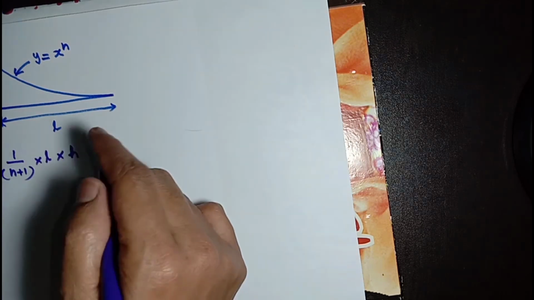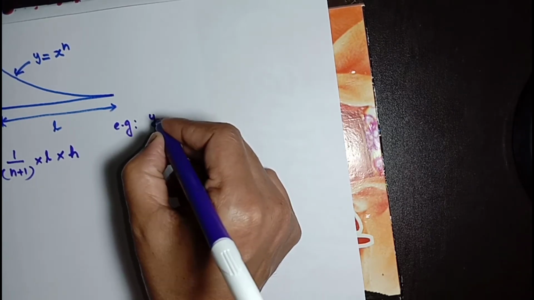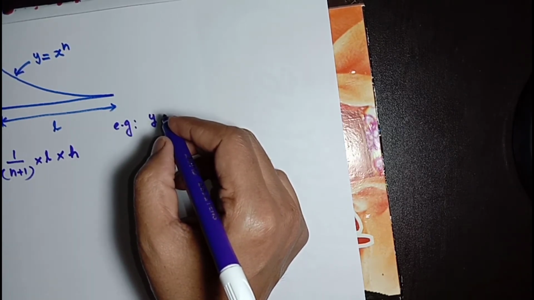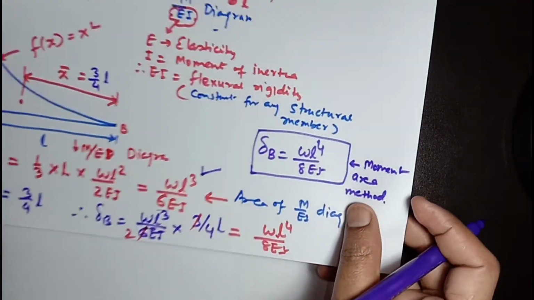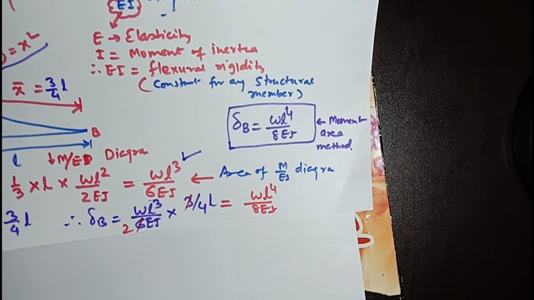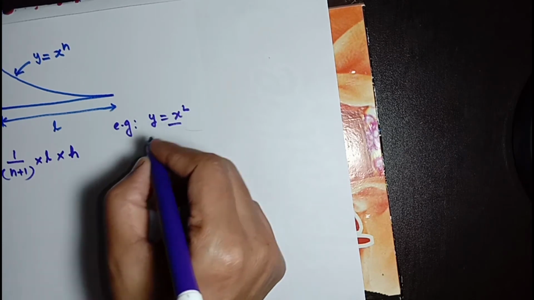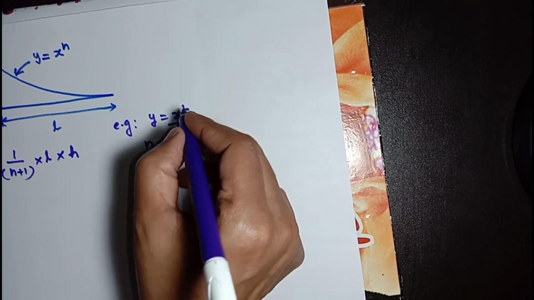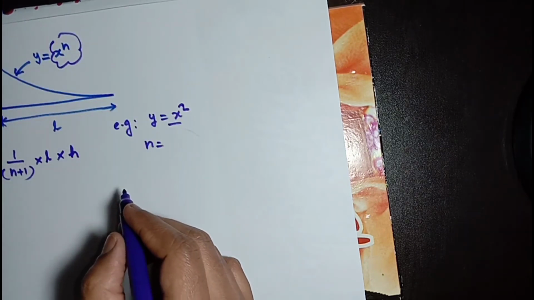Now for example, if y is a function of x square, maybe it's a parabolic x square that we have solved in this example. As we got a parabolic curve as a function of x square in our example, in place of n we can put 2, as this is a general curve x to the power n.